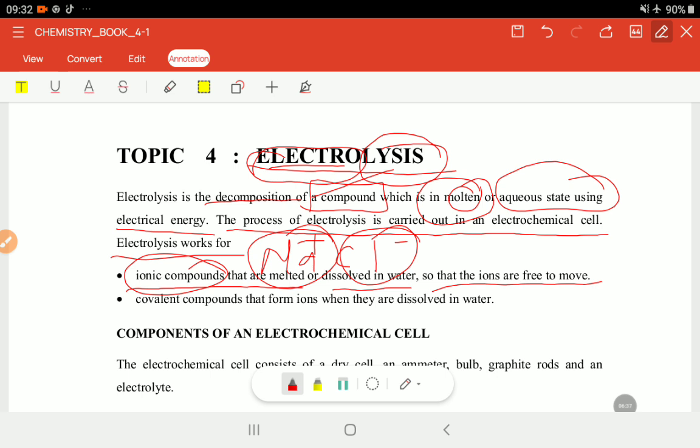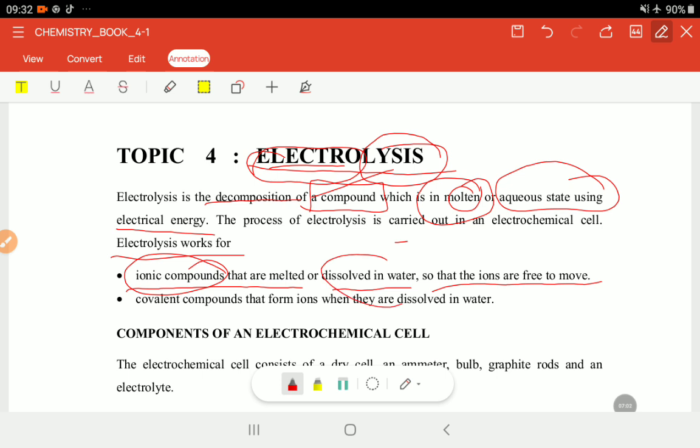So if this one is melted, the ions in that liquid are sodium and chloride, and there is nothing else, since it was not dissolved in water.